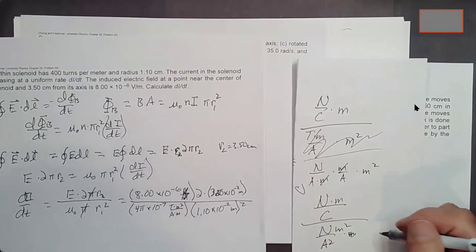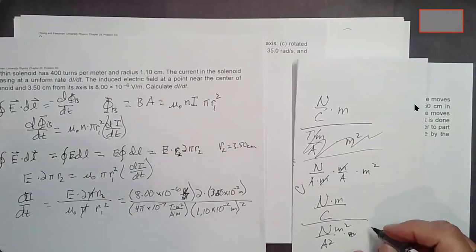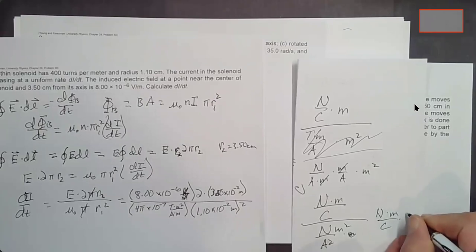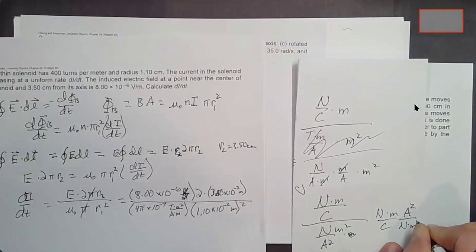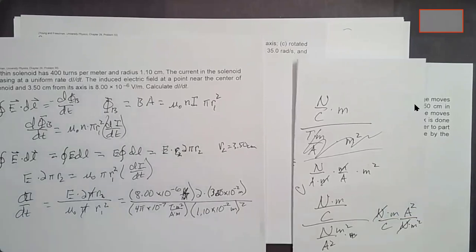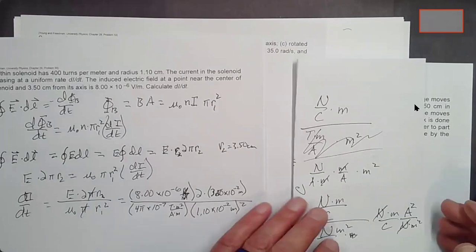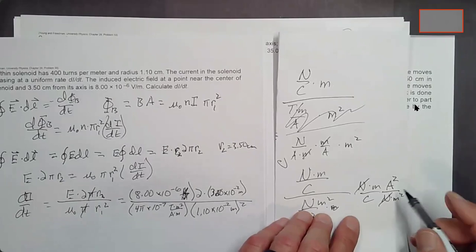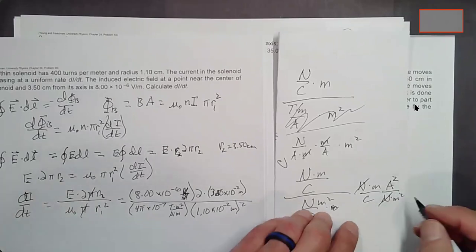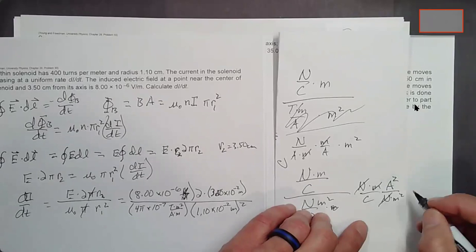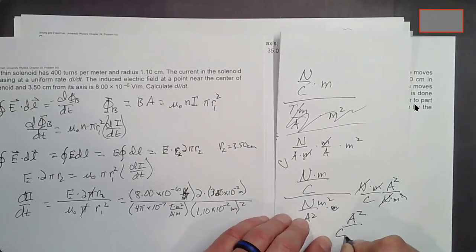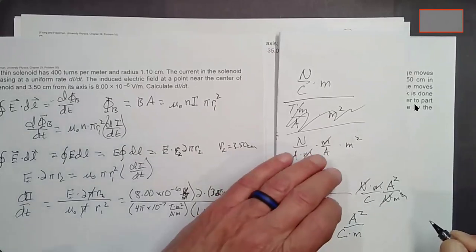Yeah, maybe I'm ending up with the same thing again. Newton meters per coulomb times an amp squared per Newton meter squared. Those go away. Do you guys see a way out of this fix? So amp squared per coulomb meter.